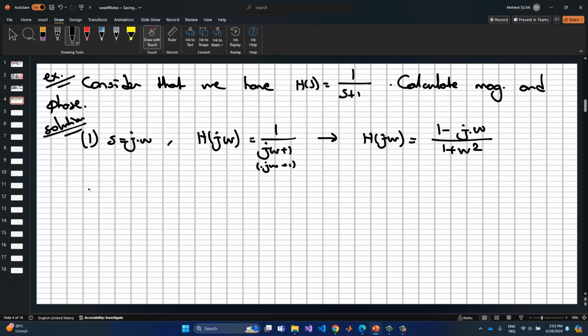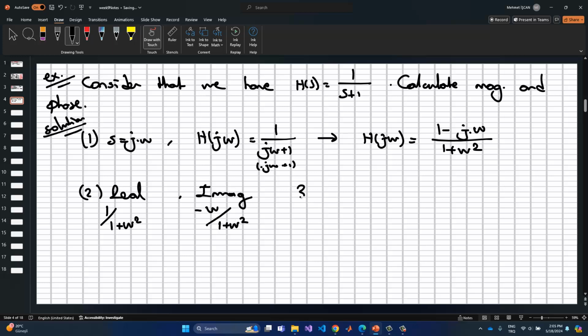Okay, and in the real and imaginary parts, we can write that the real part of the filter is 1 divided by 1 plus w square, and the imaginary part is minus w divided by 1 plus w square.